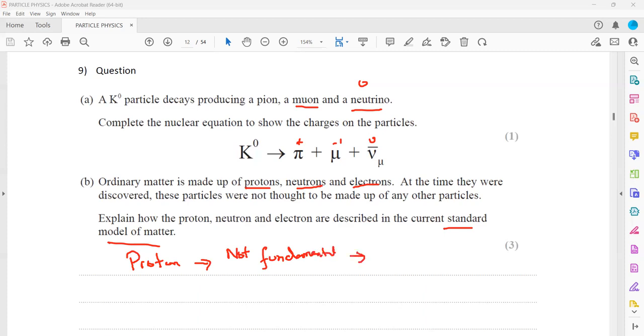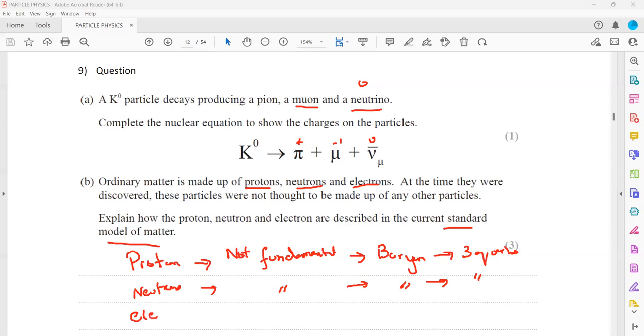As they are not fundamental, we call them baryons. And baryons consist of three quarks. So they are made up of three quarks. Same thing for a neutron. A neutron is also not fundamental. It is also a baryon and it also consists of three quarks.